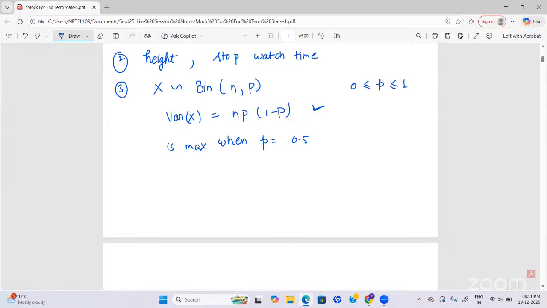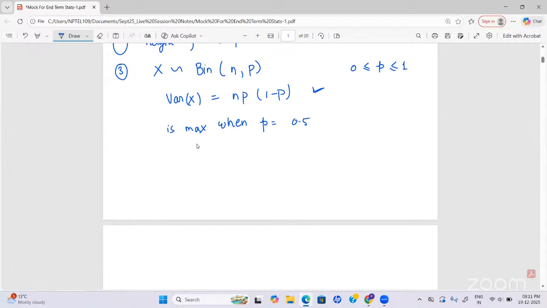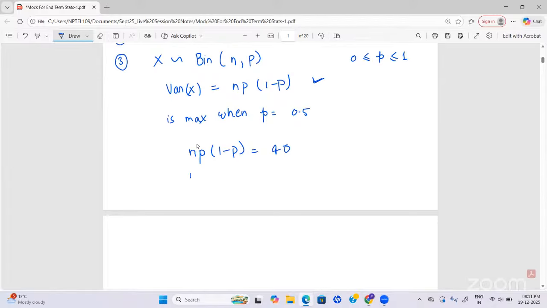Now the maximum variance is given to us, which is 40. So np(1 minus p) is equal to 40. This is given to us. Also p should be 0.5 for this to be maximum.